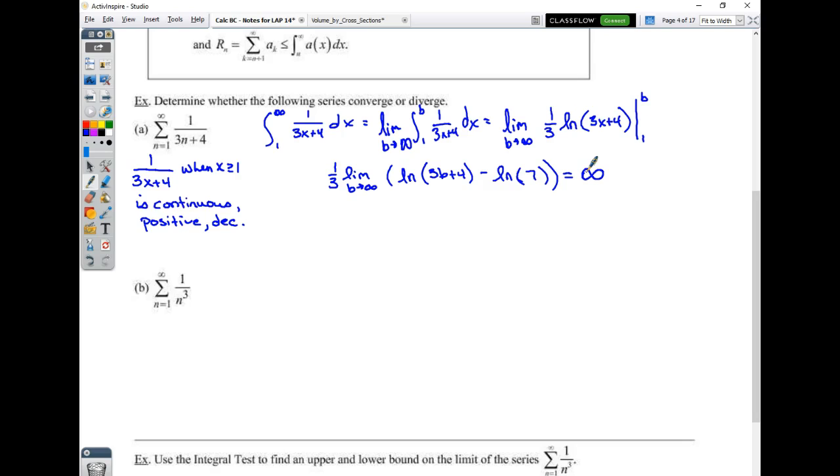Whoa, wait a minute. So the nth term turned into a 0, but it's still diverged. Oh, dang it. This diverges.